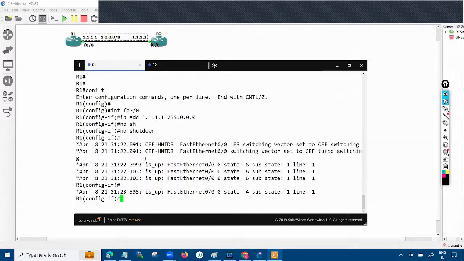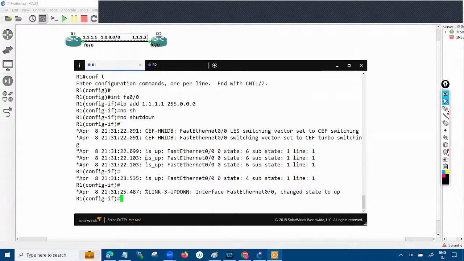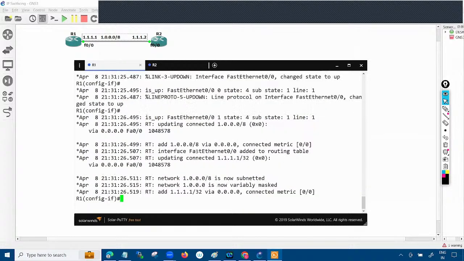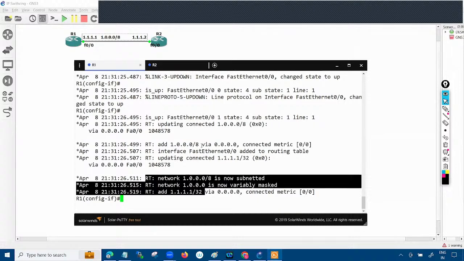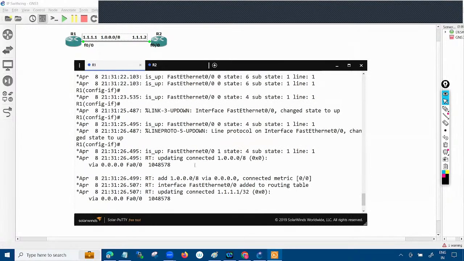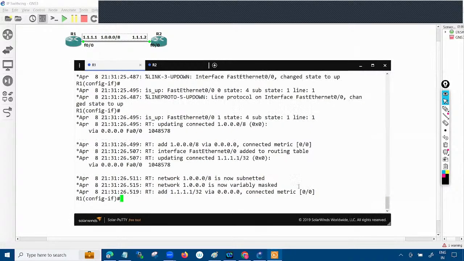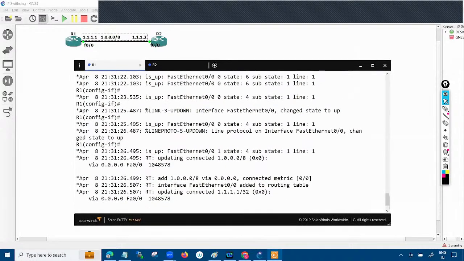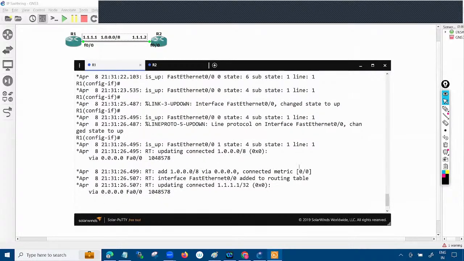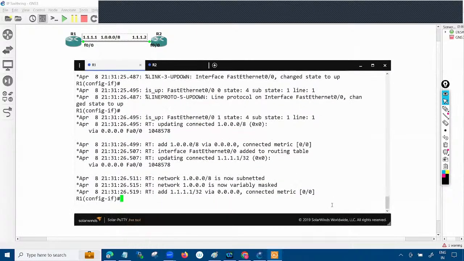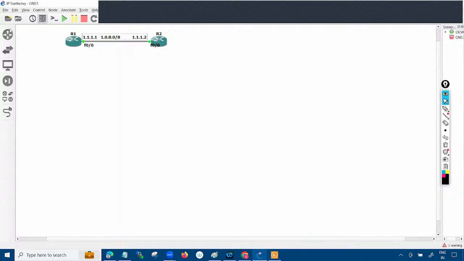You will see that I'm adding this network in my routing table, right? Why is it not showing the CEF table? I just want to show you the output in the debug.